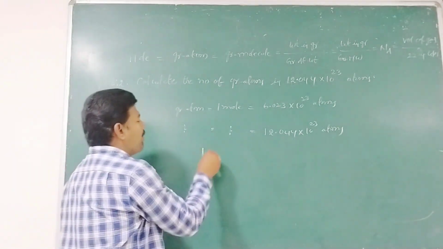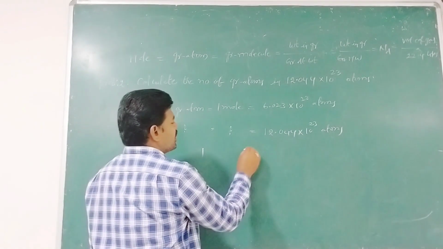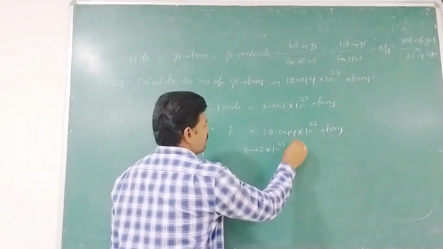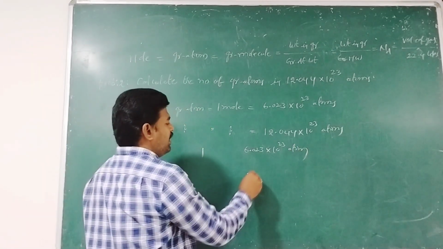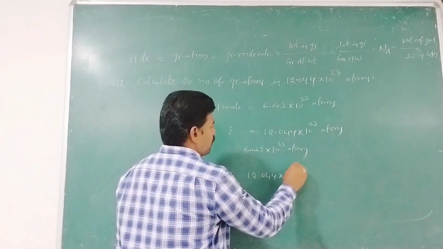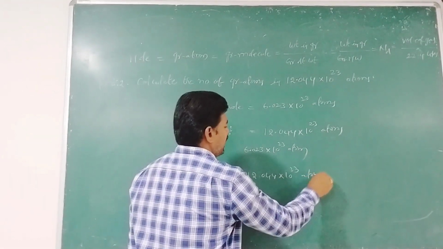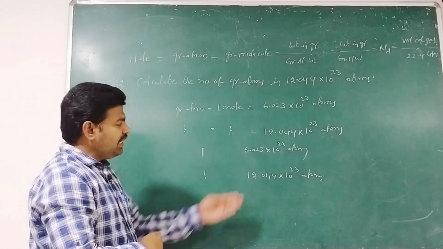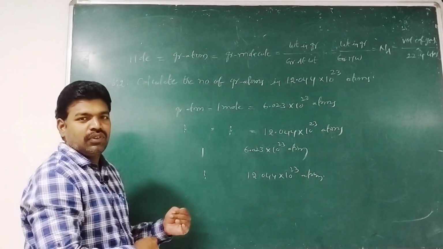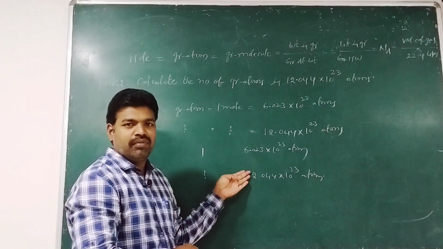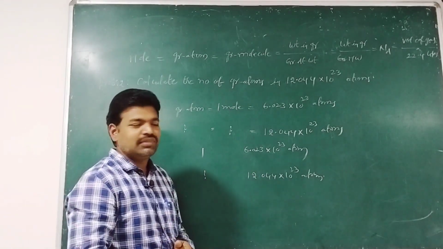So 1 gram atom contains 6.023 into 10 to the power of 23 atoms, and 12.044 into 10 to the power of 23 atoms is equal to how many gram atoms? It is very simple; we have been doing this type of problem from childhood.